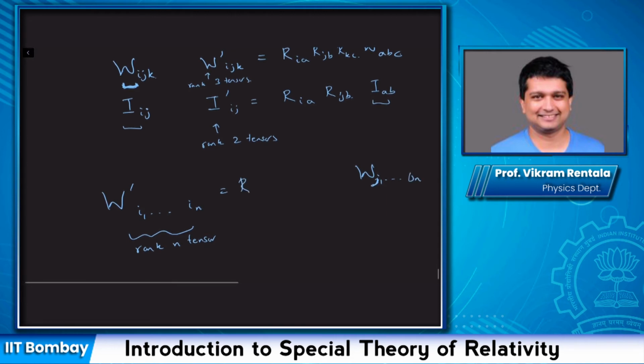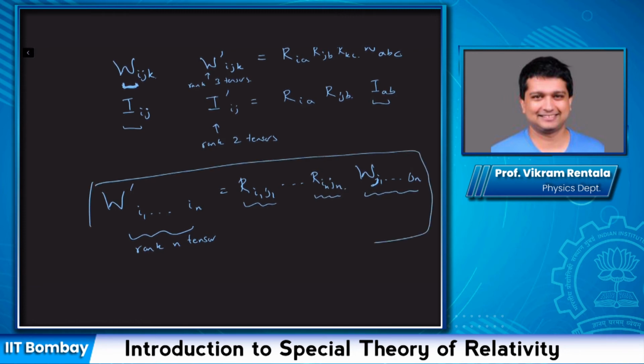There would be matrices R_{i1 j1} through R_{in jn}, which transform the original W and give us the new W'. So this gives us the most general dictionary of how different objects can transform under rotations. And now we just generalize this to special relativity.